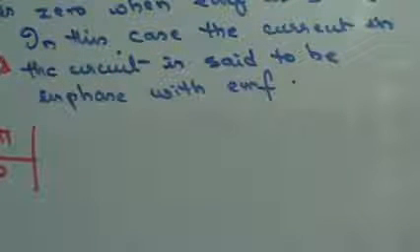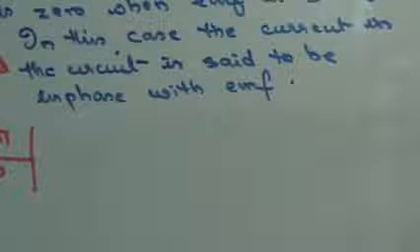Fine. So thus, if an alternating EMF is applied across a resistance, an alternating current will flow through the resistance.